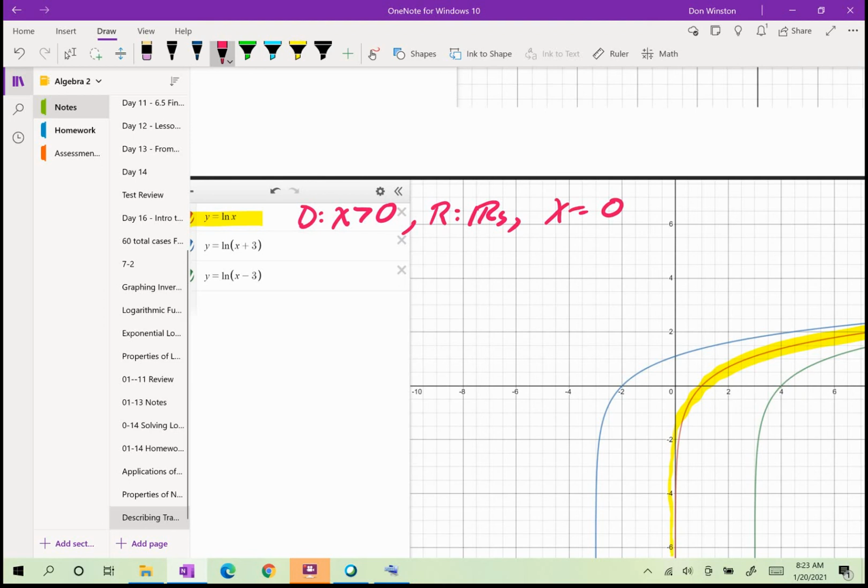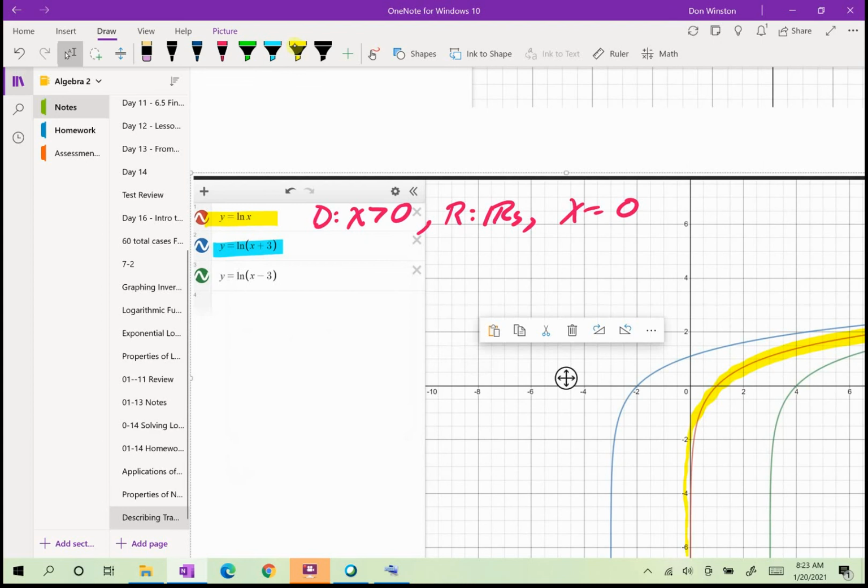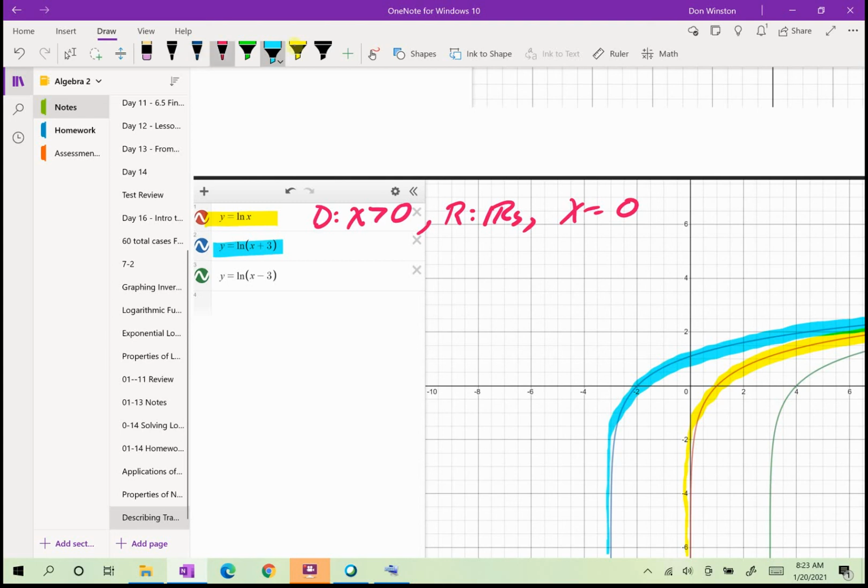For the transformation, this graph here, what did I do? I shifted the graph 3 units to the left, as you can see, so that would be this graph here. I shifted my asymptote 3 units to the left. So my domain would now be x is greater than negative 3.